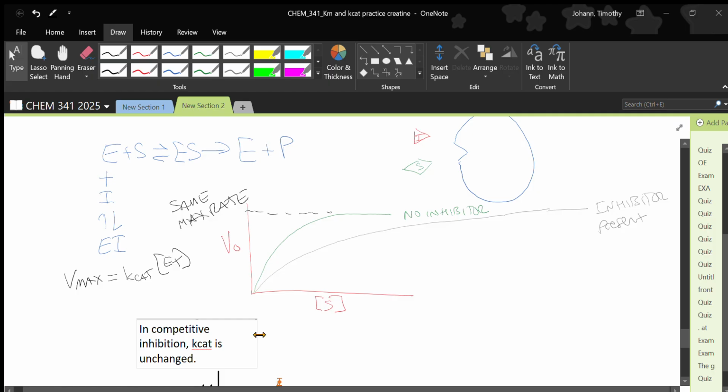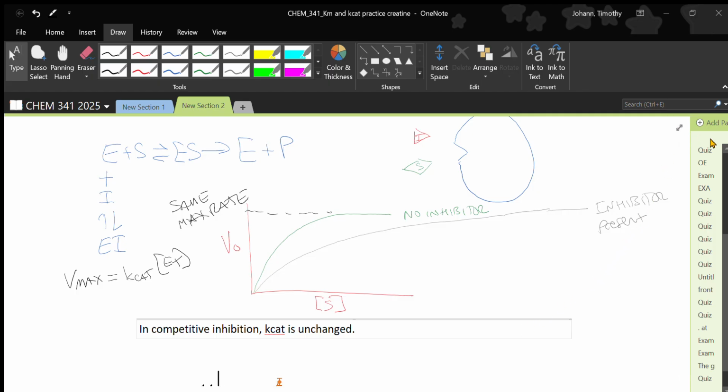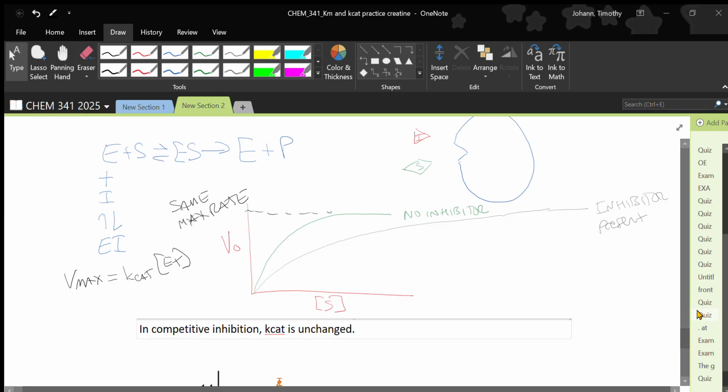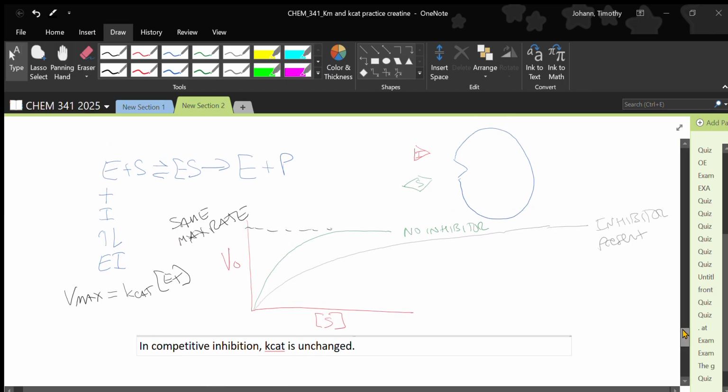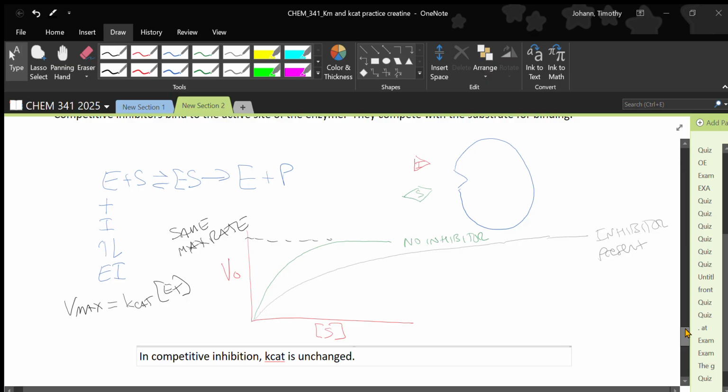Do you see why it's unchanged? We can get the same Vmax. No? Okay. Do you agree that Vmax is unchanged? Vmax is how fast this thing will go, right?